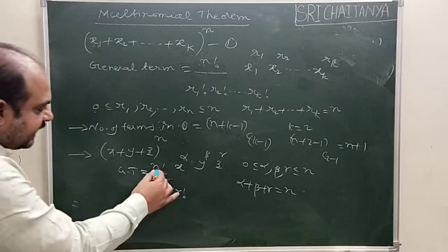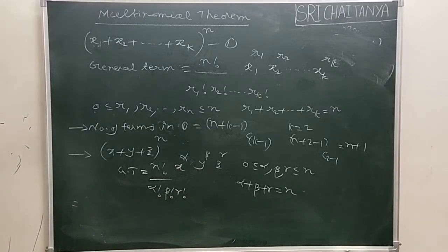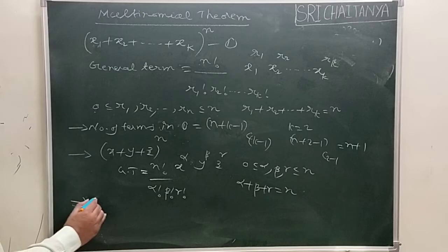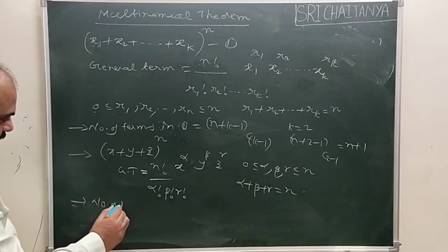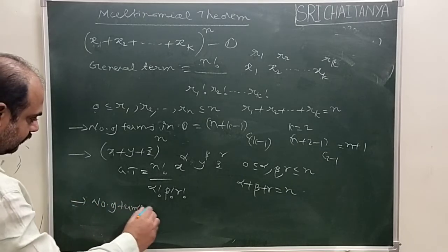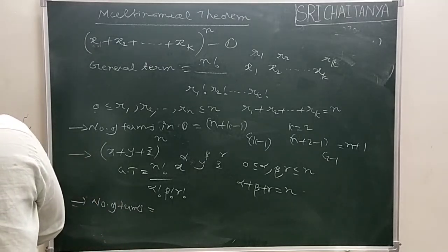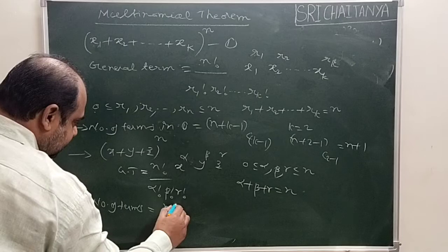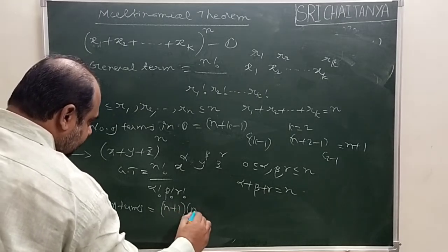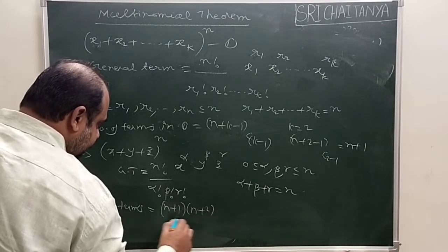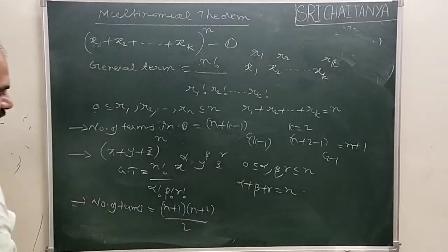So by writing the general term, you can find what is being asked. First you have to write the general term, then the number of terms in this expansion. The formula is n plus 1 into n plus 2 divided by 2.